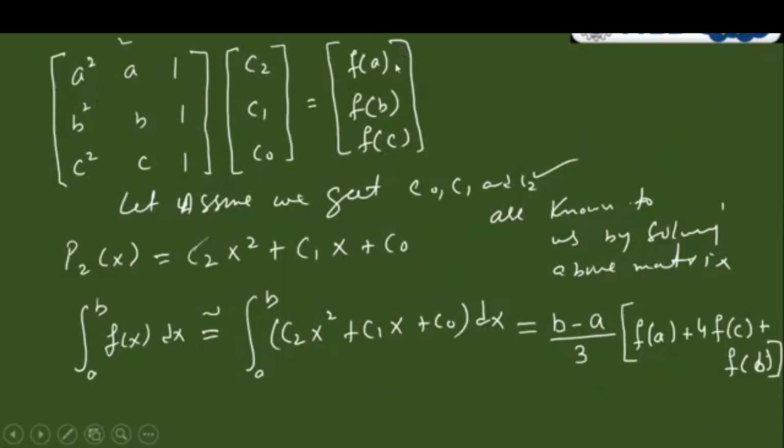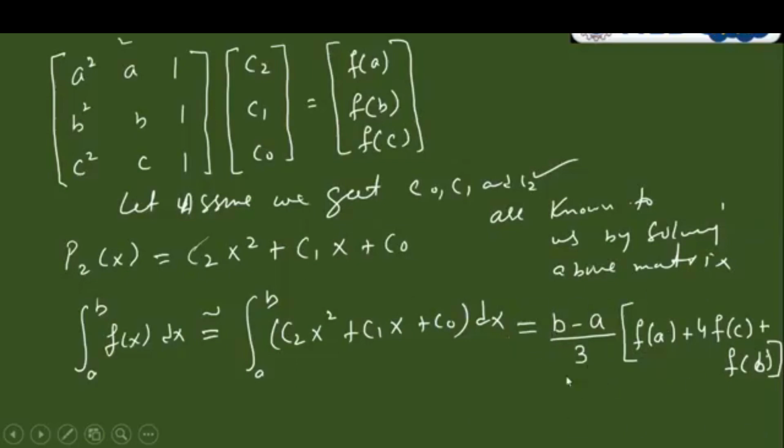We do not need to show it, but we can solve it and we will get C2, C1, C0. This is the same polynomial as the last slide, and it means that C2, C1, C0 are known to us. We replace them, we integrate, and the final answer is exactly defined like this.